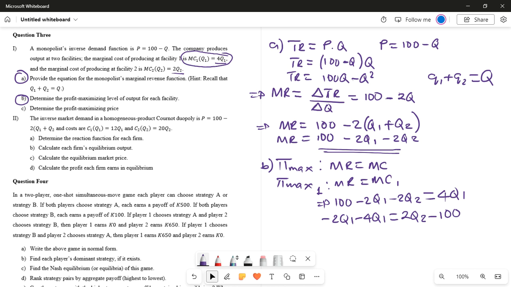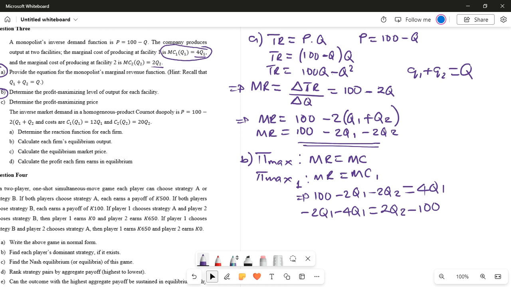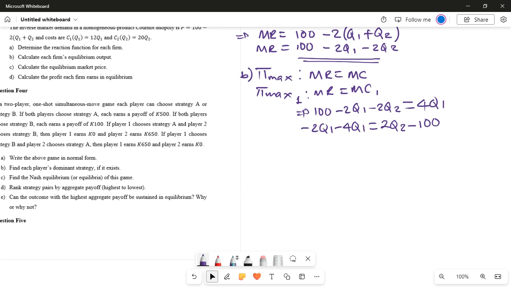Okay, let me move this a bit so that we can have space. Right, so minus 2Q1 minus 4Q1, this is the minus 6Q1, is equal to 2Q2 less 100.